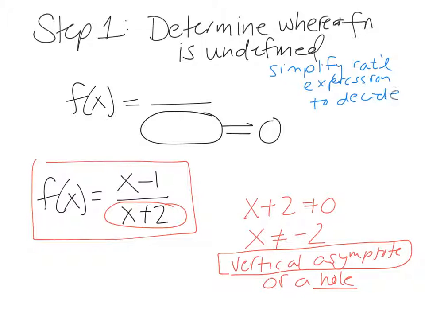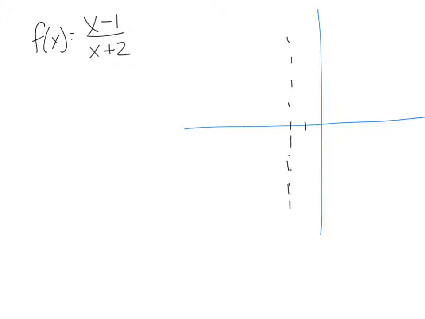So we simplify the expression and then decide if the 0 is a hole or an asymptote. In this case, it's a vertical asymptote. So right now, what do we know? We know that x equals -2 is a vertical asymptote.